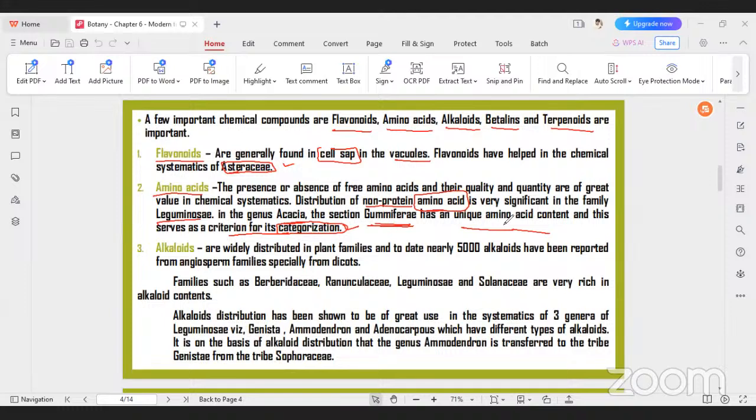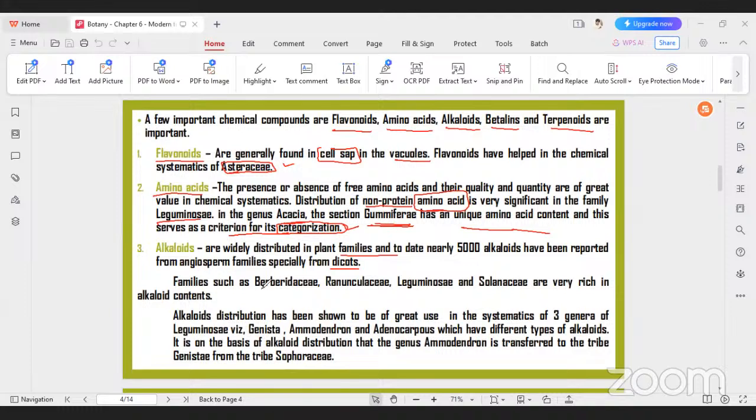So this is amino acids, and next, alkaloids. They are widely distributed in plant families. To date, nearly 5,000 alkaloids have been reported from the Angiosperm families, especially from dicots.